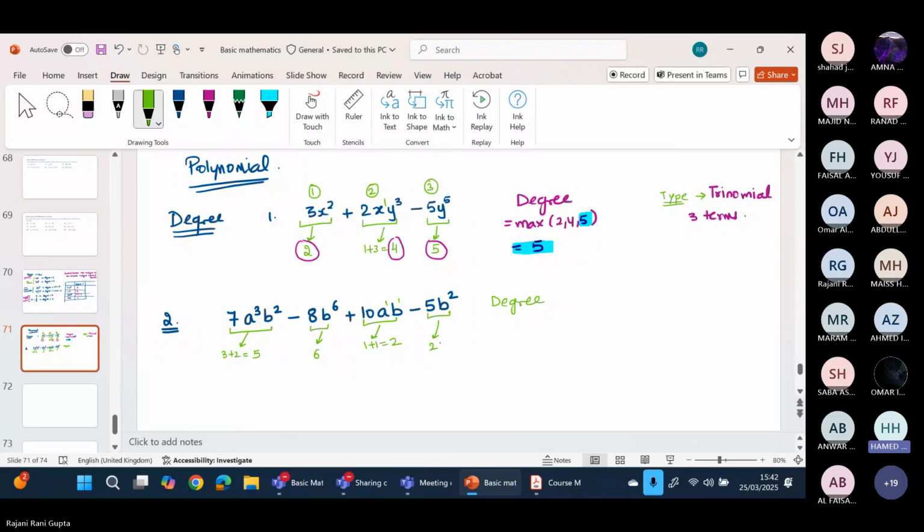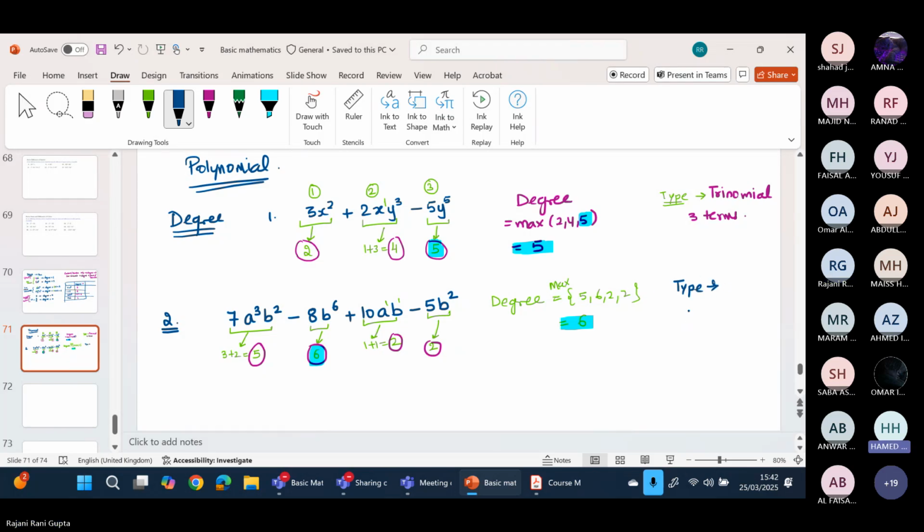2. So the degree of the polynomial will be the maximum of 5, 6, 2, and 2, which is 6. The maximum number, same as before. Can you tell me what the type of this polynomial is?